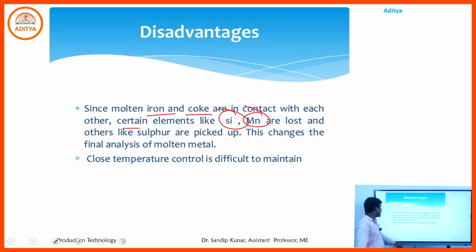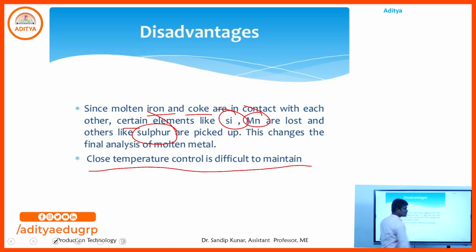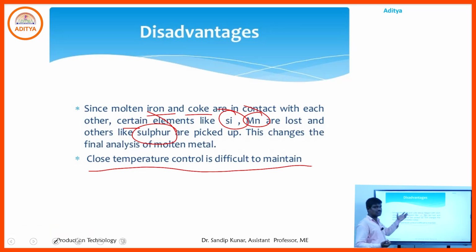In that case, the final analysis of the molten metal is very difficult, meaning the purest form is not obtained. Close temperature control is also difficult. Sometimes a very high temperature is generated in the cupola furnace, and at that time temperature control is very difficult.